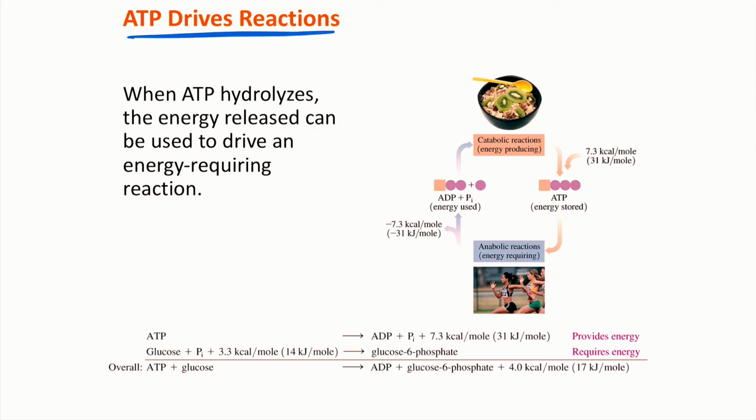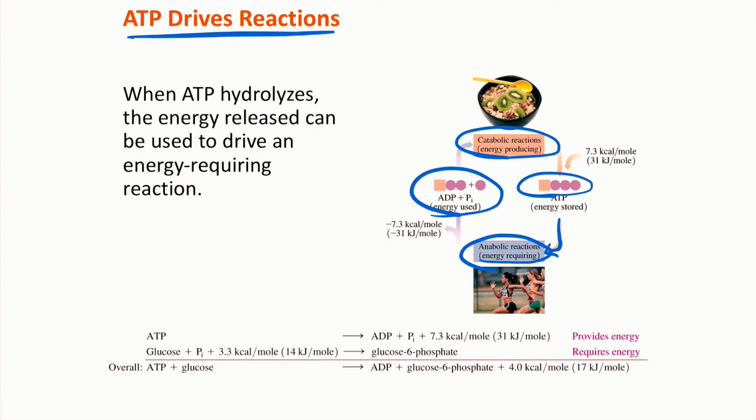For example, take catabolic processes, which are the energy producing processes where the food you take is stored in the form of ATP. Then you have anabolic reactions, which are energy requiring processes, for example running or sprinting. ATP gets utilized here, undergoes hydrolysis, and releases the energy for you to do that work.